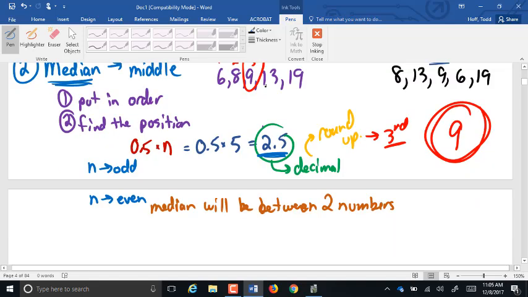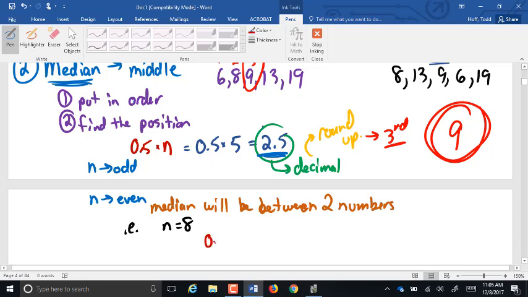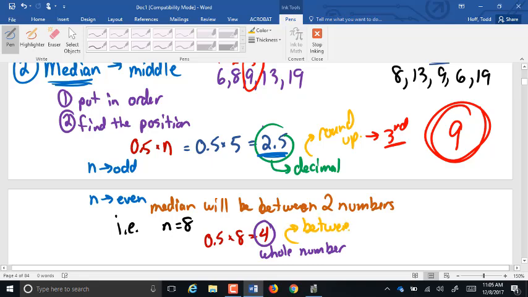Well, for example, let's say n equals 8. So the position will be found by 0.5 times 8, which is 4. Since that is a whole number, the median is between that location and the next location. It would be between the fourth and fifth numbers in the list. We'll do an example of that in a little bit.